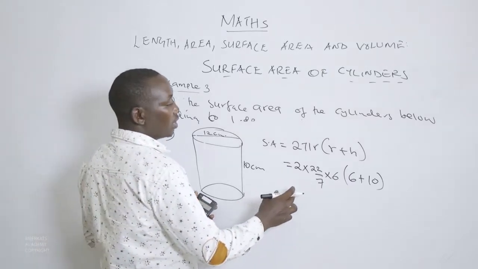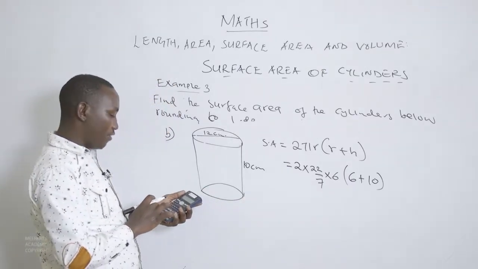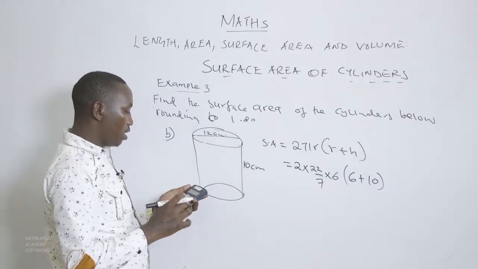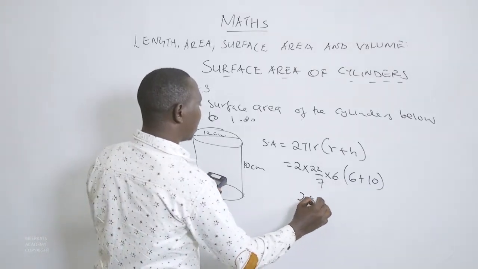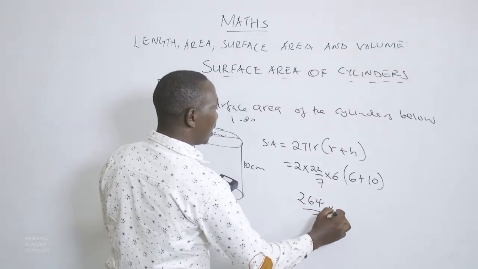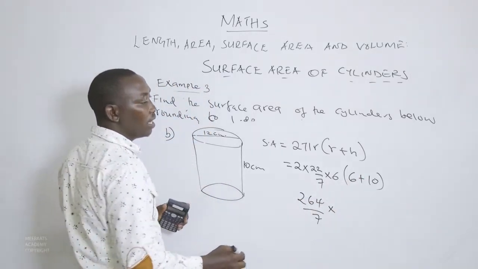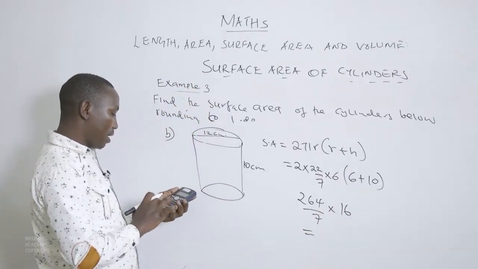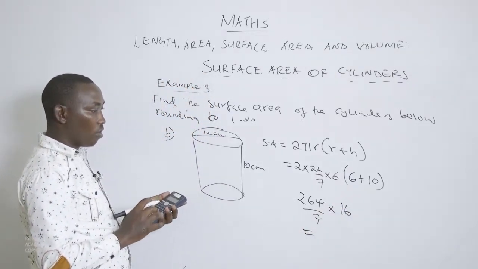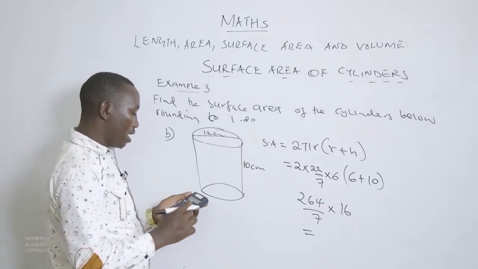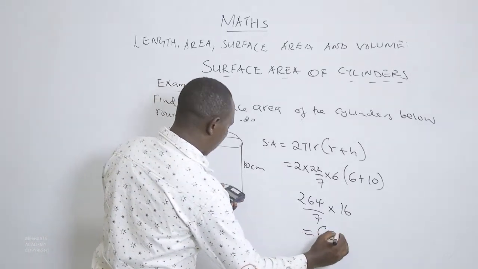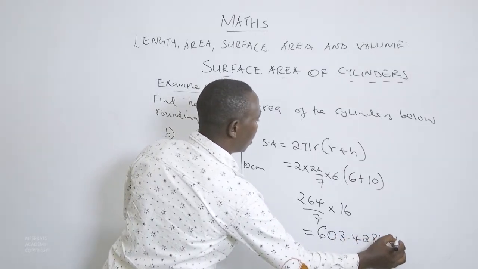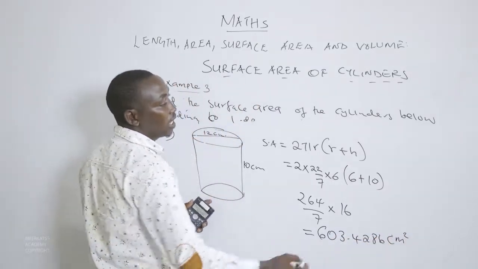Now this will give us 44 all over 7 times 6, or 44 times 6, which will give us 264 all over 7 multiplied by 6 plus 10, which will give us 16. So when you multiply 264 all over 7 times 16, that will give us 603.4286 square centimeters.